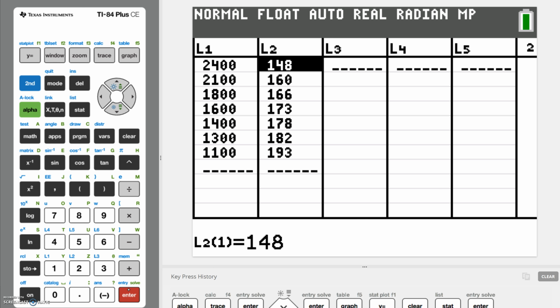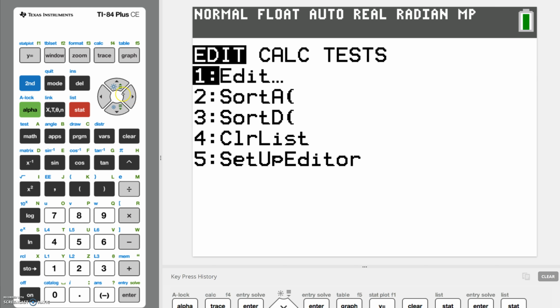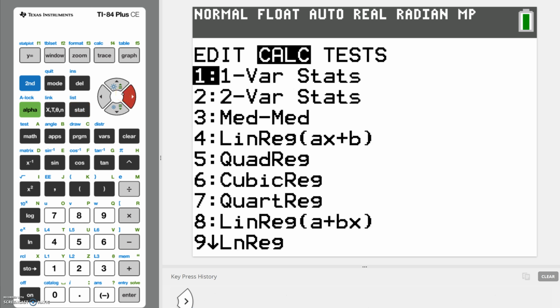Once you have the data in there, then you're going to go to Stat, Calc, and let's choose the right one here. Down here at the very bottom of my screen is LN reg. That is natural log regression. And that's what you're going to choose when you're doing logarithmic regression.